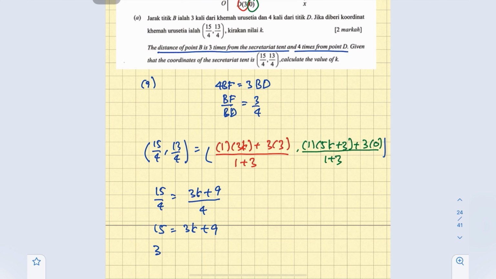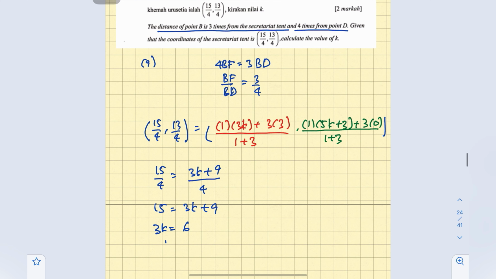So 3K is 6 and K equals to 2. If we compare coordinate Y, we get the same. If you want to test, you can. So 13 over 4 equals to 5K plus 3 plus 0, over 4. So 13 equals to 5K plus 3. So 5K equals to 10 and K equals to 2. Okay, same.